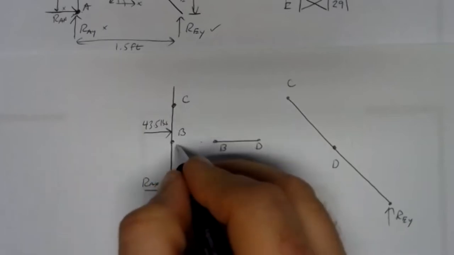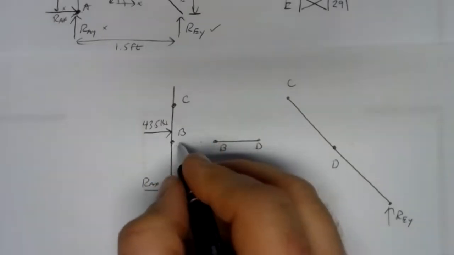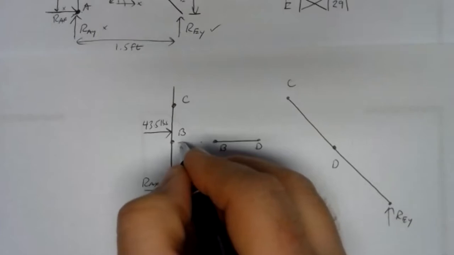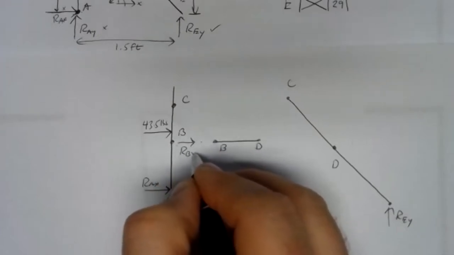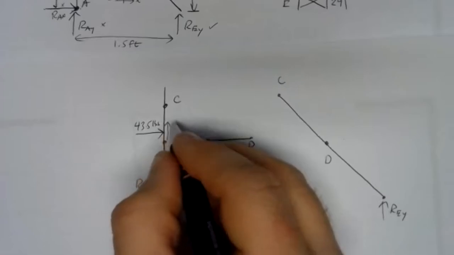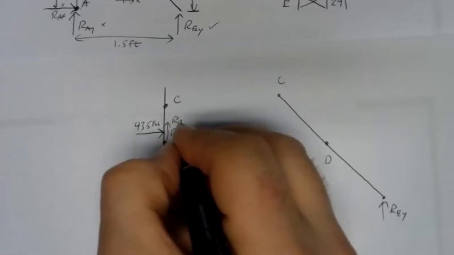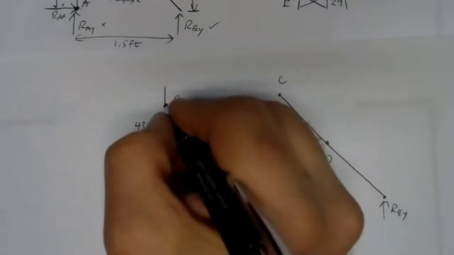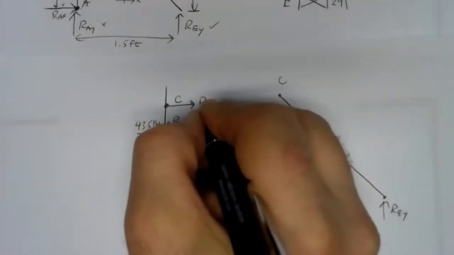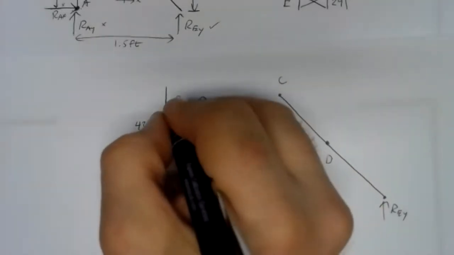There are forces acting at joint B, and I'm going to assume they're to the right, RBX, and up, RBY. I'm going to do the same thing at C. Pin C is a pinned reaction. Pinned supports give us two unknowns, and I'm going to call them RCX and RCY.